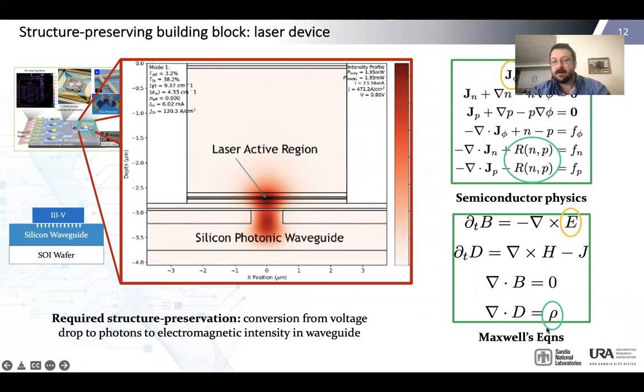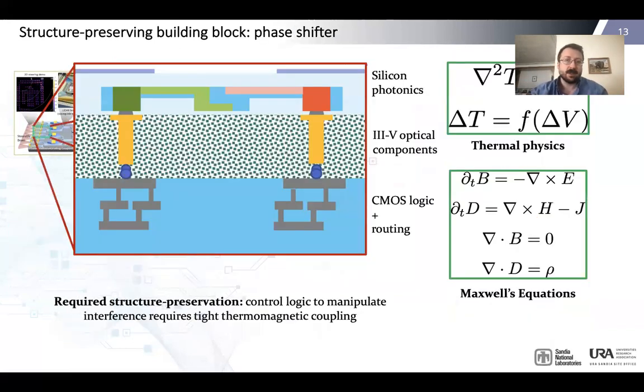This is how these photons are converted within the laser into electromagnetic waves that are pushed through the waveguide. Okay, and so the requirement we have here for structure preservation is as you go through these different representations of light, you need to hand off from one kind of physics to the next in a way that you're not violating conservation of energy. So that's one notion of structure preservation.